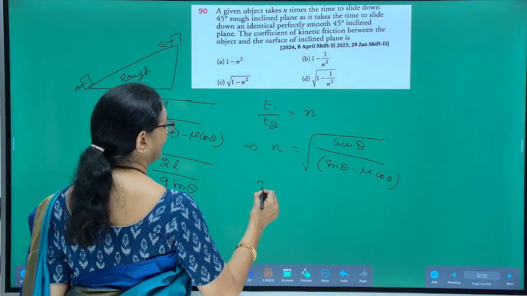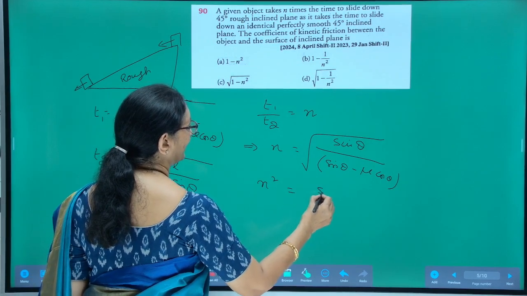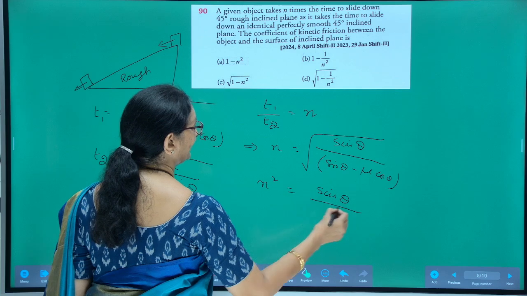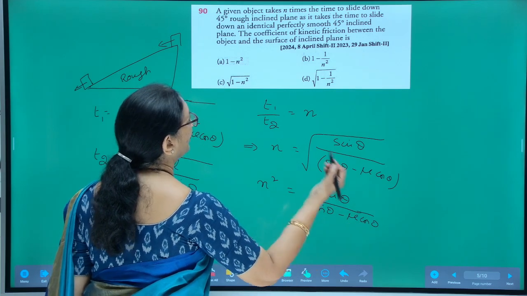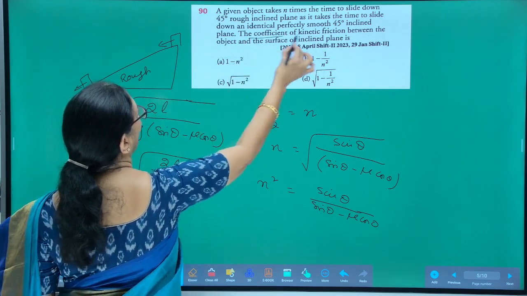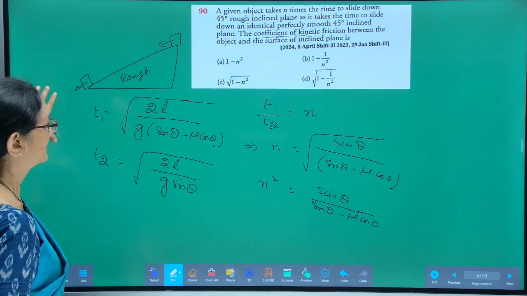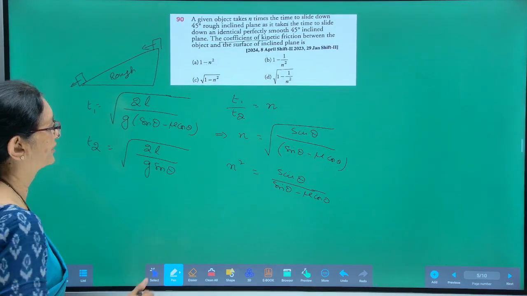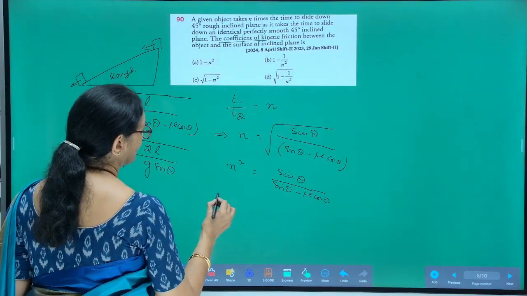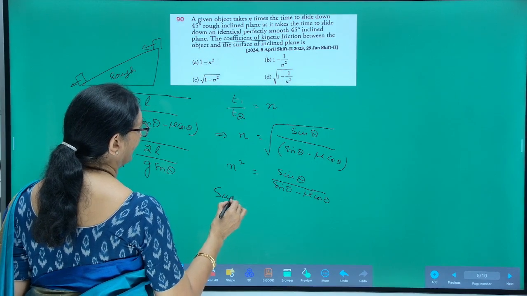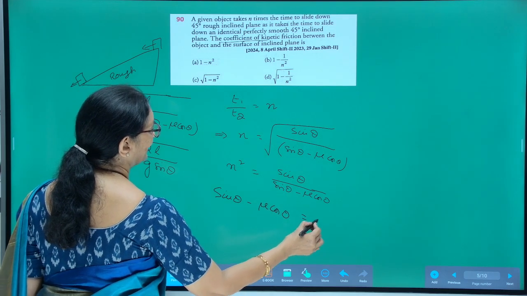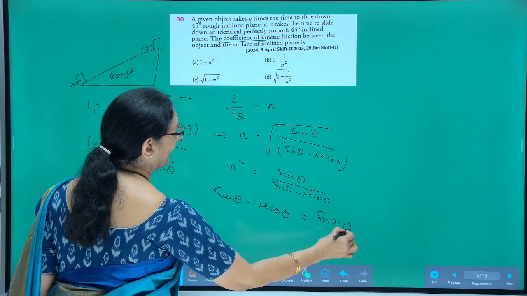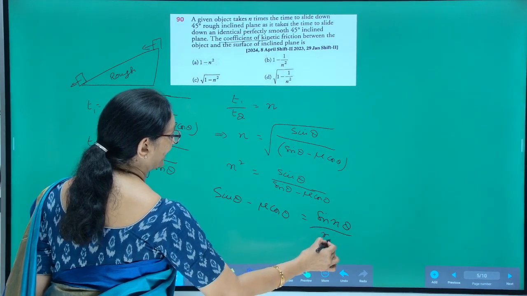So, squaring on both sides, n square is equal to sin theta by sin theta minus mu cos theta. What do you want to find here? Coefficient of friction. So, to find the coefficient of friction, look here, sin theta minus mu cos theta is equal to sin theta by n square.